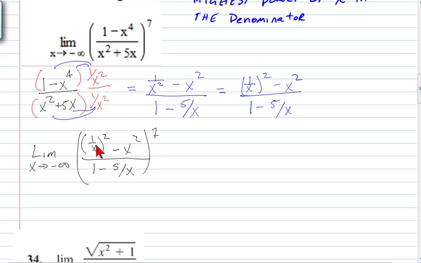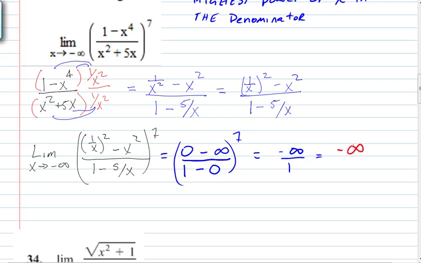So that gives us 0 minus infinity, because I square a negative infinity, I get a positive infinity, but I'm subtracting it, over 1 minus 0. And this is all raised to the 7th power. Well, 0 minus infinity is negative infinity, and negative infinity over 1 is negative infinity. So this is equal to negative infinity.